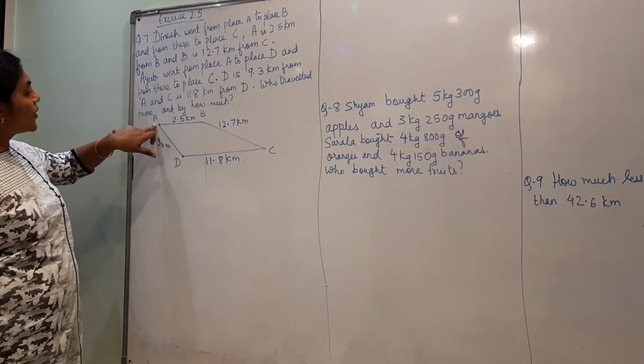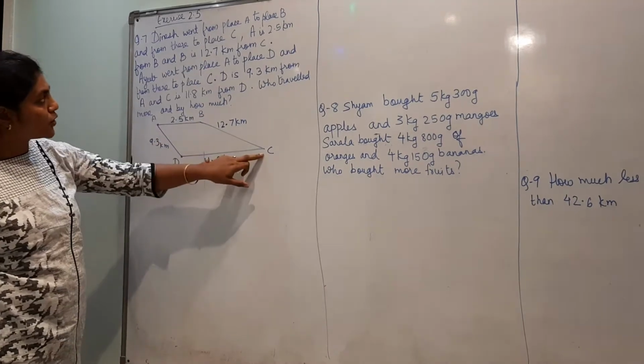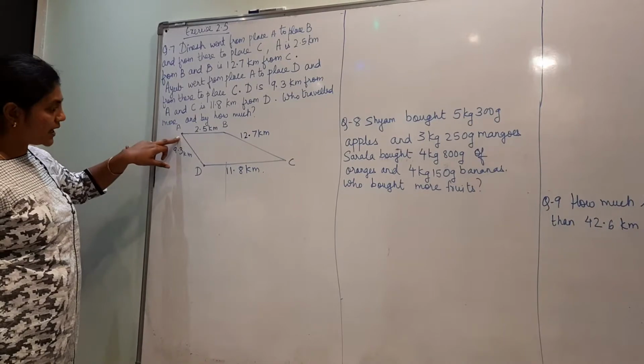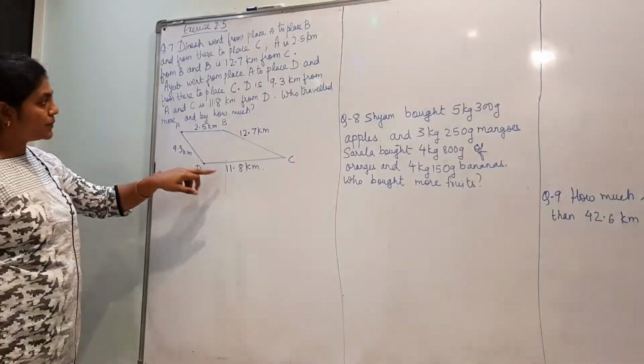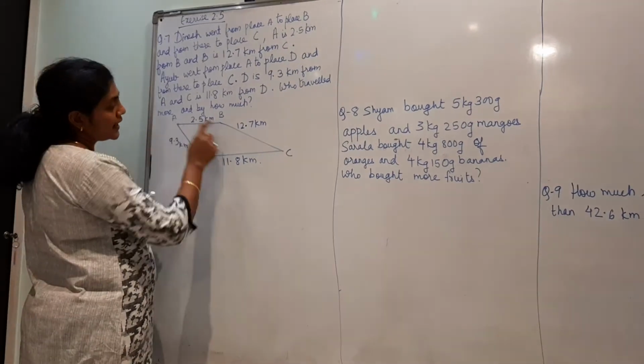A is 2.5 kilometer from B, B is 12.7 from C, D is 9.3 kilometer from A and C is 11.8 kilometer from D.